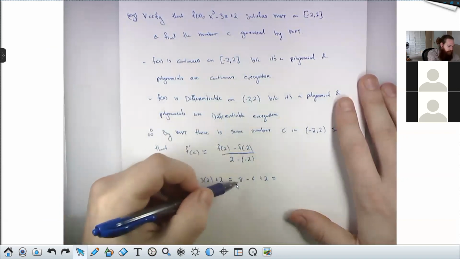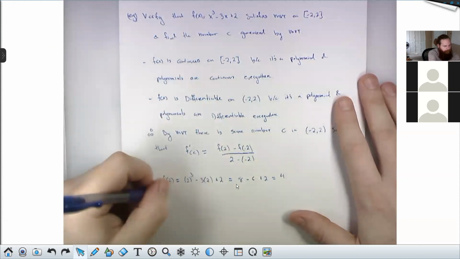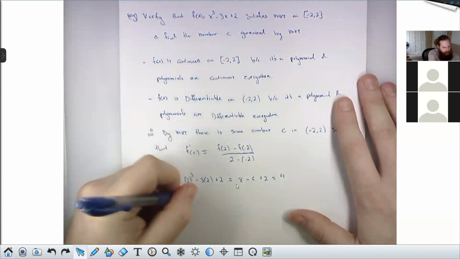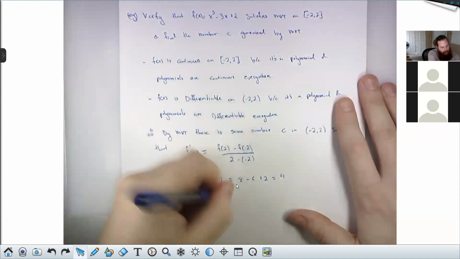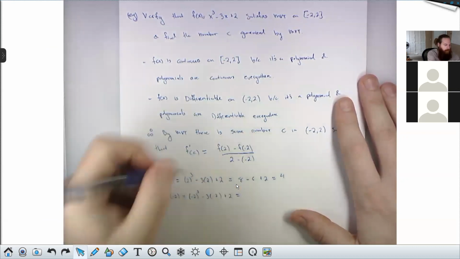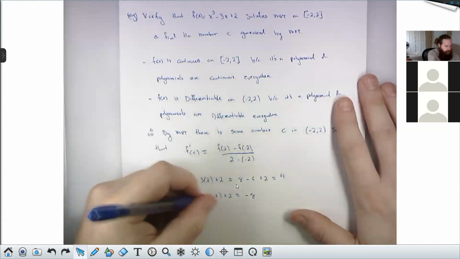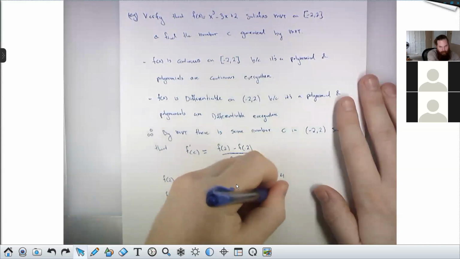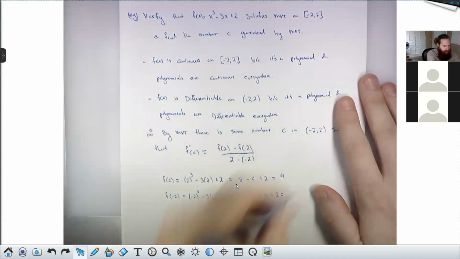Eight minus 6 is positive 2, plus 2 is positive 4. And f of -2 is -2 cubed minus 3 times -2 plus 2. That's -8. Minus 3 times -2 is plus 6 plus 2. -8 plus 6, that's -2, plus 2 is 0.